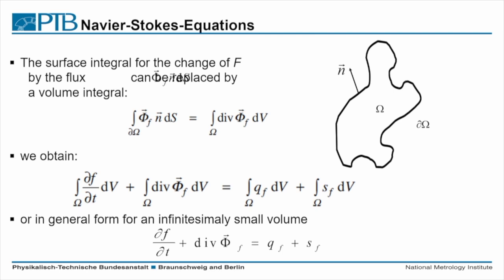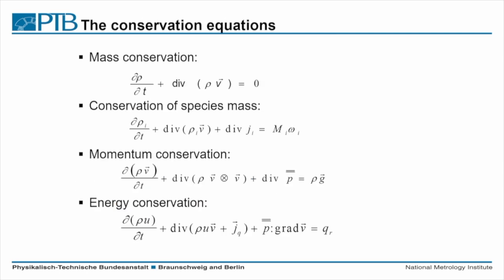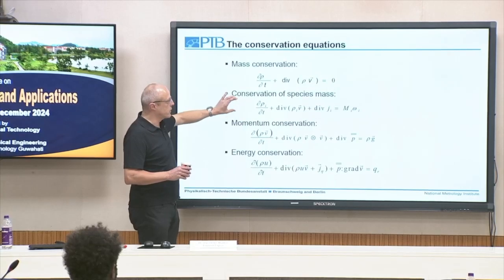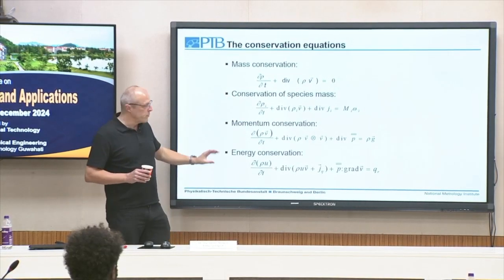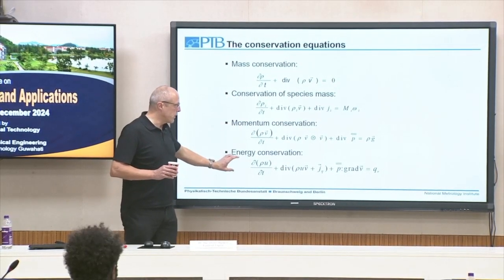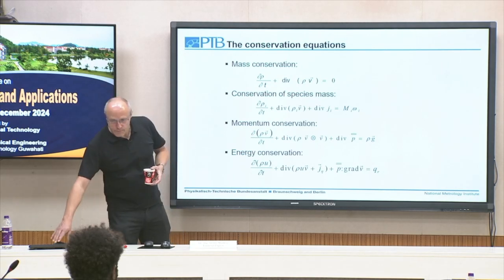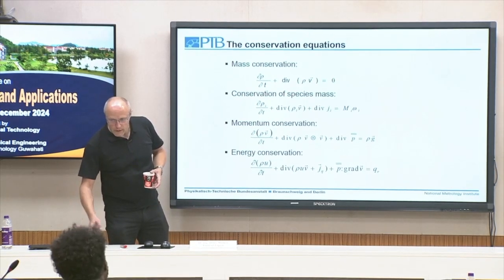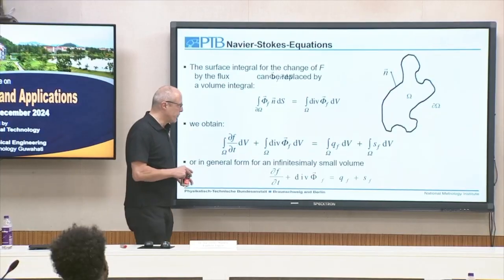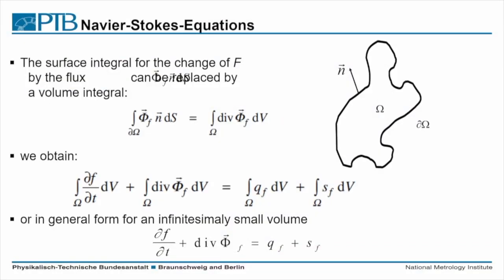This, of course, is now very theoretical. So we want to get the result. This general equation we have seen before is now written for mass conservation, conservation of species mass, momentum conservation, and energy conservation. Again, we have a change of quantity in time, the divergence of a flux, a source term, and a long-range term.